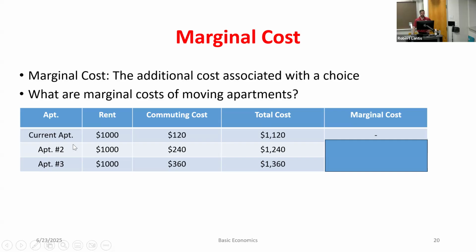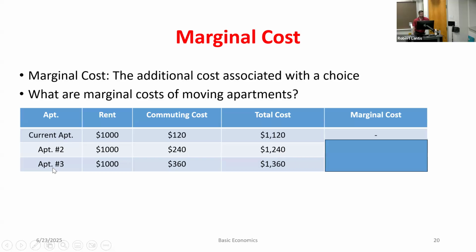Let's assume maybe these apartments have different amenities. Maybe apartment 2 is in a complex that has a pool and my current apartment doesn't. But let's just say that's the idea, that it has different amenities. I'm moving to the second apartment. Well, the additional cost, or the change in my total cost from that decision, would be, I'm paying $120 more.